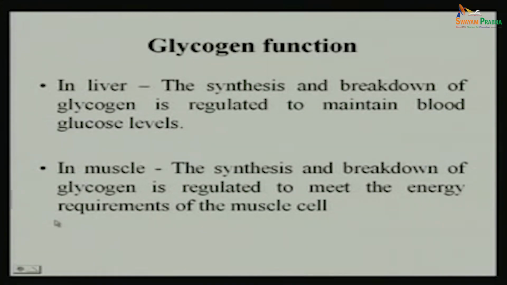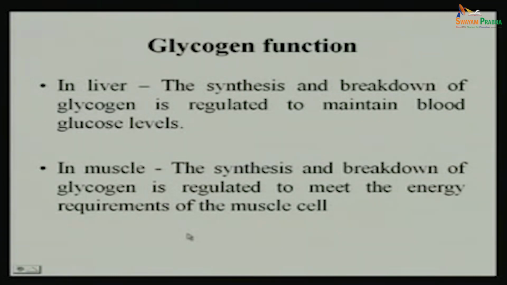Now, in the liver, I have told you the synthesis and breakdown of glycogen is regulated to maintain the blood glucose level, and in muscle the synthesis and breakdown of glycogen is regulated to meet the energy requirement of the muscle cell.